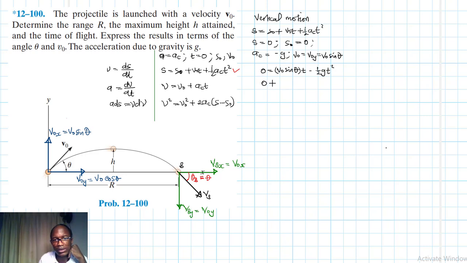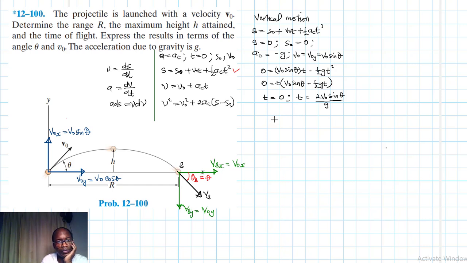Writing this, we factor out t, leaving t times (v naught sine theta minus half g t). Therefore, one t is equal to 0, and our other t will be equal to 2 v naught sine theta divided by g.